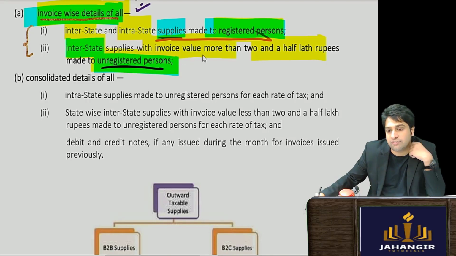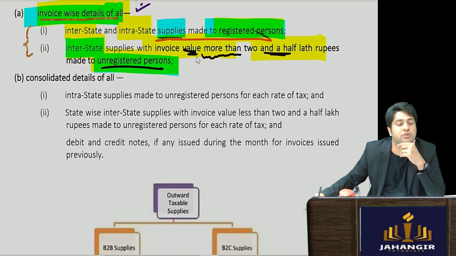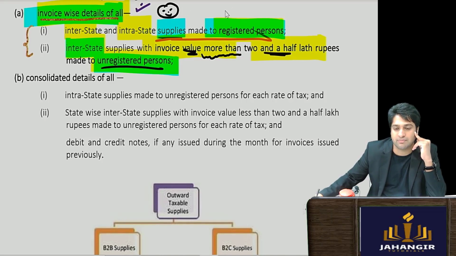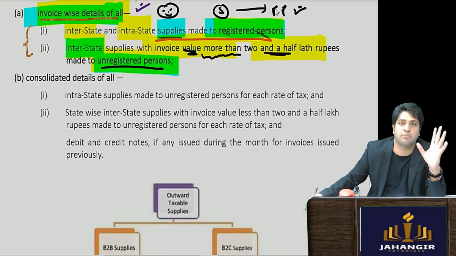Here only if the invoice value exceeds 2.5 lakh rupees. Okay, so invoice wise details, understood? Whenever I am the supplier and I supply to a registered person, always invoice wise details has to be uploaded. Every detail of the invoice has to be put up.